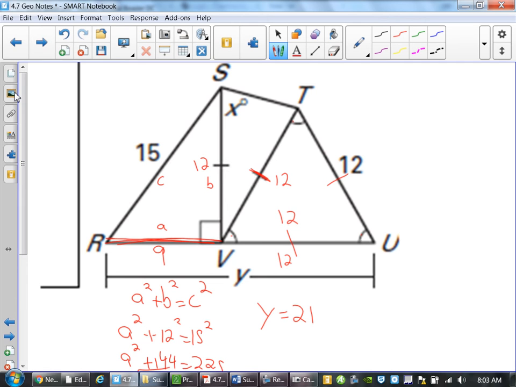Now, the last bit here is to try to figure out your angles. Knowing that in triangle SVT, I know it's isosceles because of the 2 tick marks here. When you have isosceles, this V is that vertex angle.